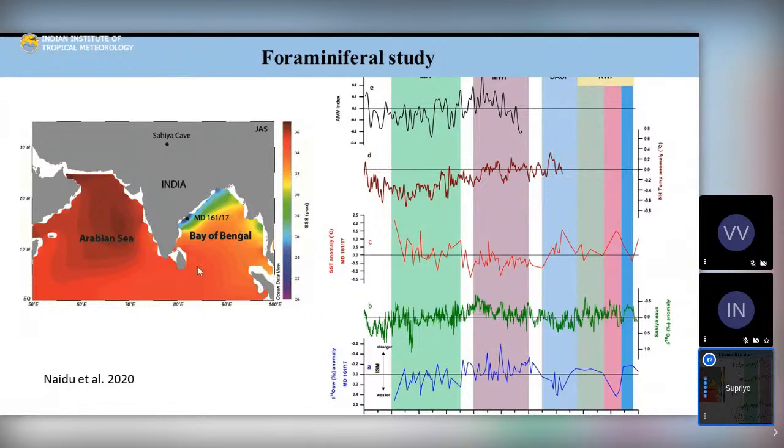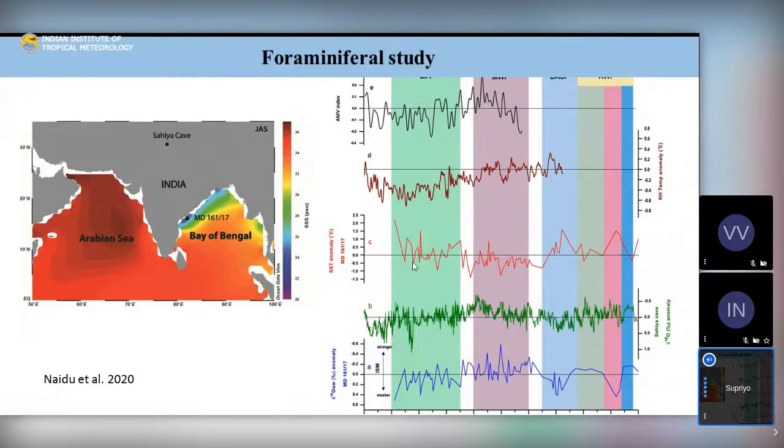In this case, these authors collected one sediment core from the western part of the Bay of Bengal region. They measured both delta 18O and trace metal analysis. By means of this dual analysis, they were able to reconstruct the SST anomaly using these two records.